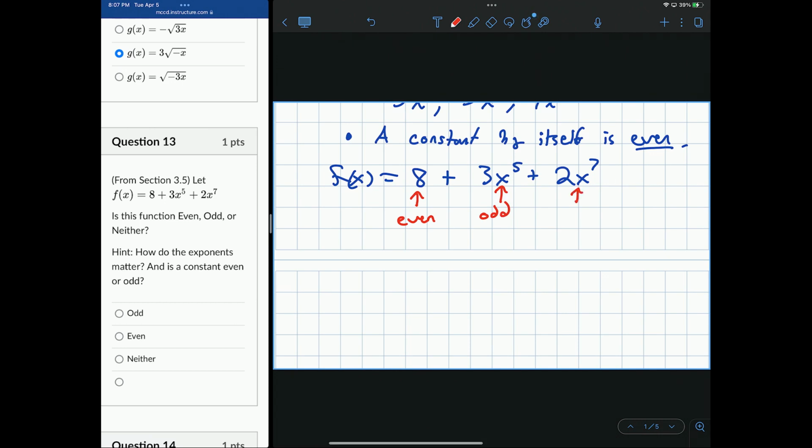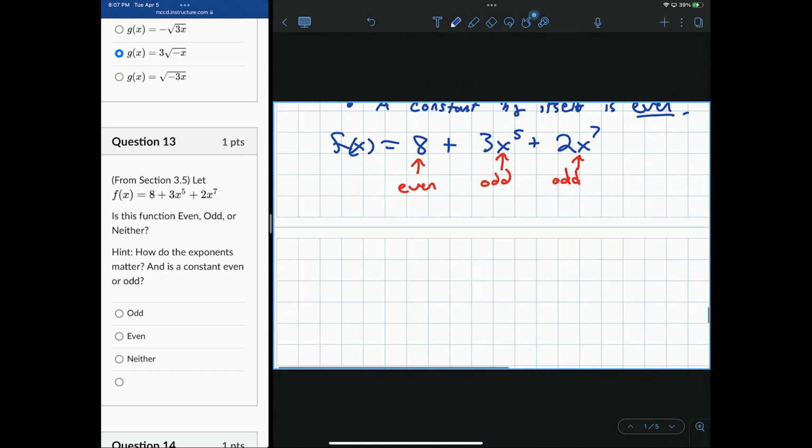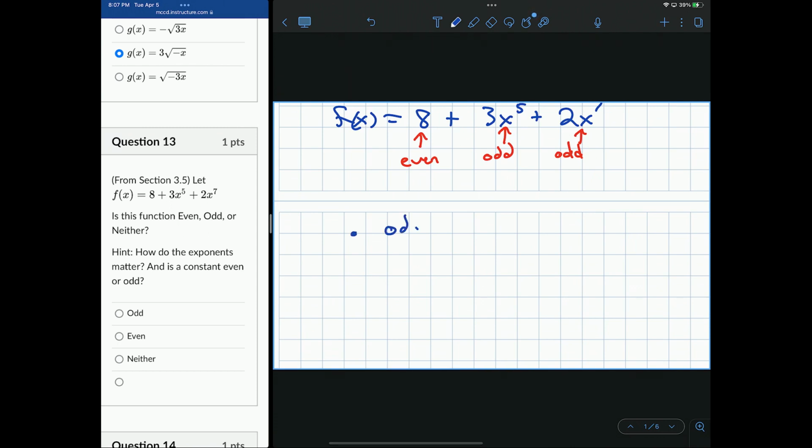And the third one, 2x to the 7th, is also odd. Now the rule that I didn't write here was this: odd plus odd is odd. Even plus even is even. But odd plus even is neither.